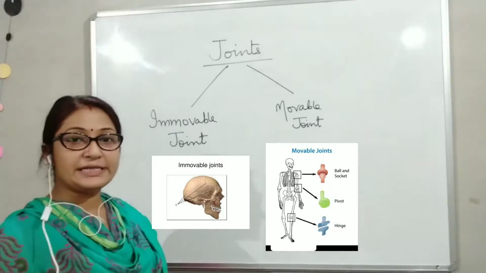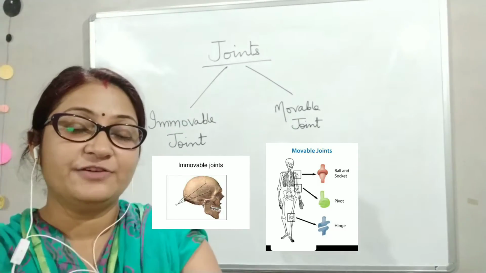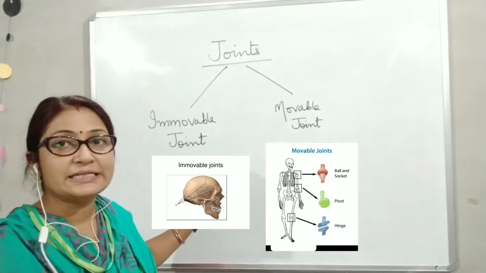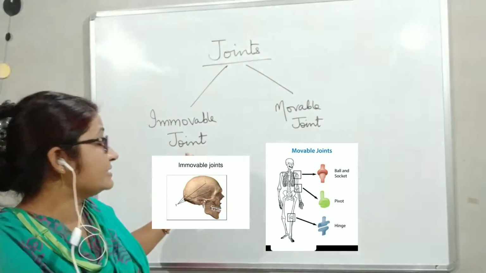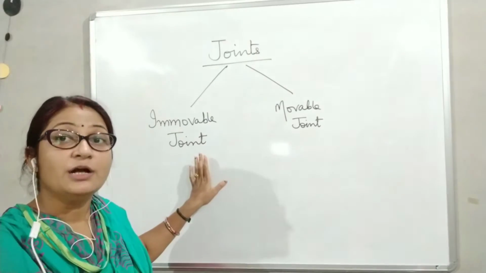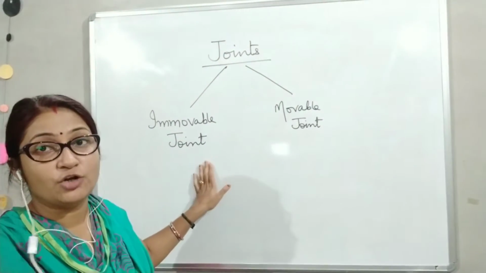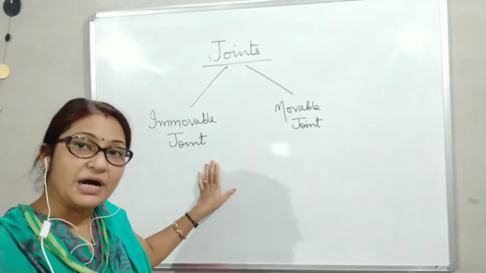As you can see, first I have written the immovable joint. As the name suggests, these kinds of joints cannot move. Wherever such joints are present, we cannot move that body part.